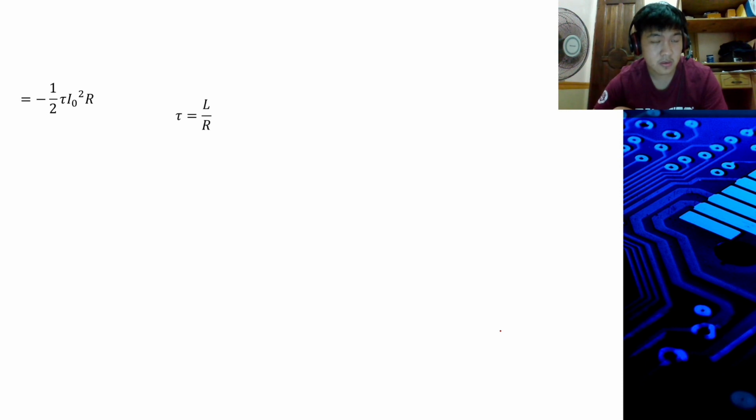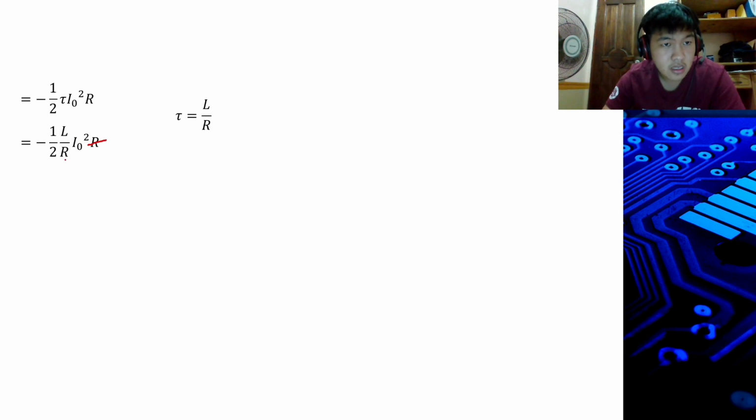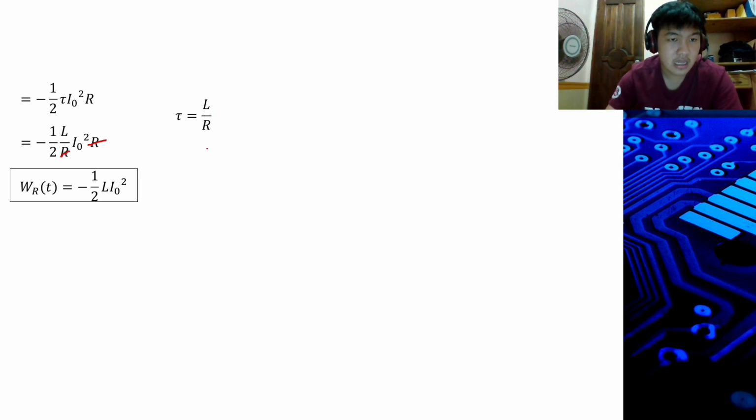So where the time constant for the inductor is L over R, we substitute: negative 1/2 L over R I naught squared times R, where the R's cancel, and we can get negative 1/2 L I naught squared.